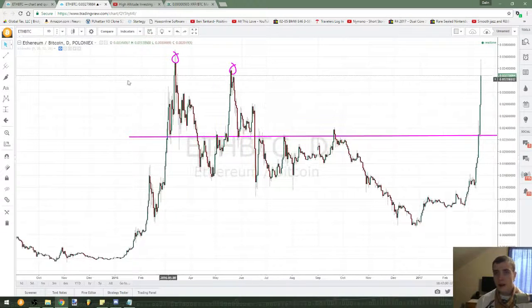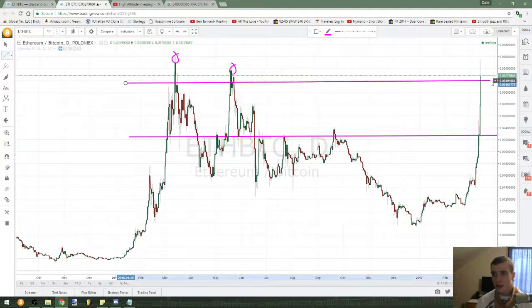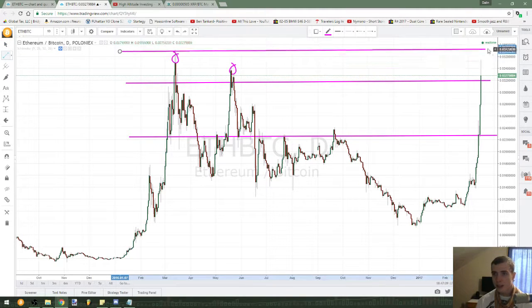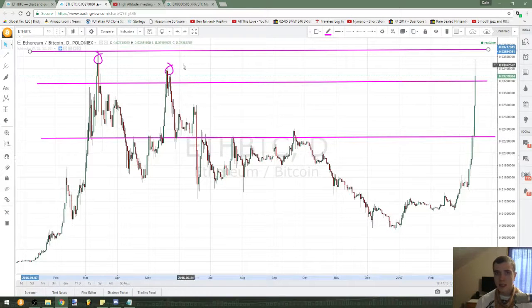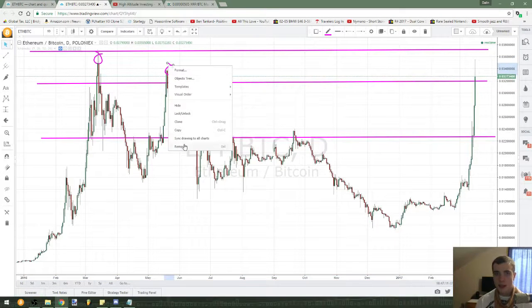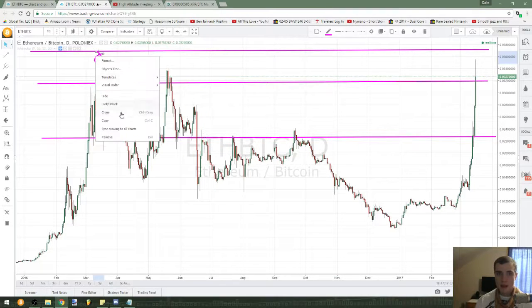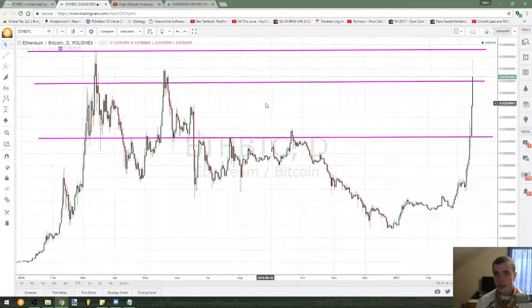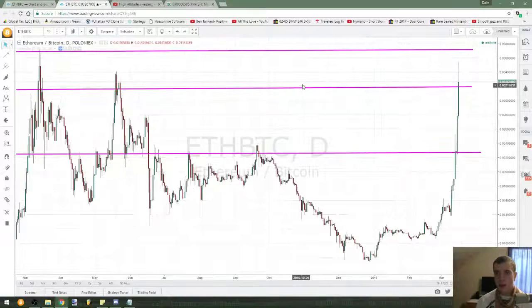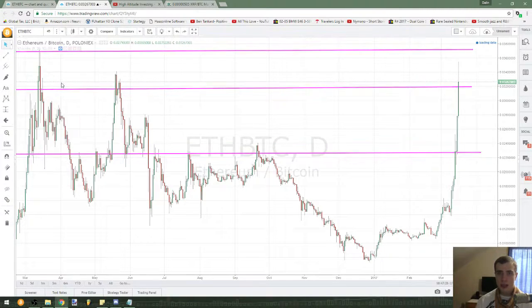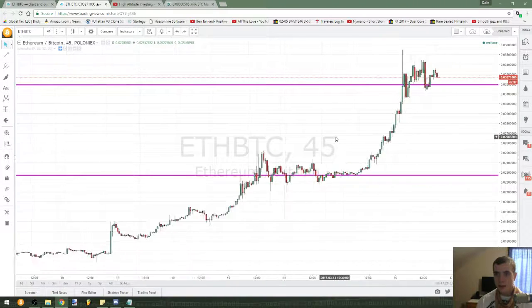I will say that we are in heavy resistance. See, I can just draw a line right here and then draw another line right here because this is a resistance zone. And it's much easier to be doing this type of stuff on here rather than on Poloniex. Now I'm looking at it and I'm like, well, we're up into this resistance zone. Let's see what the chart looks like in some smaller candlesticks here.